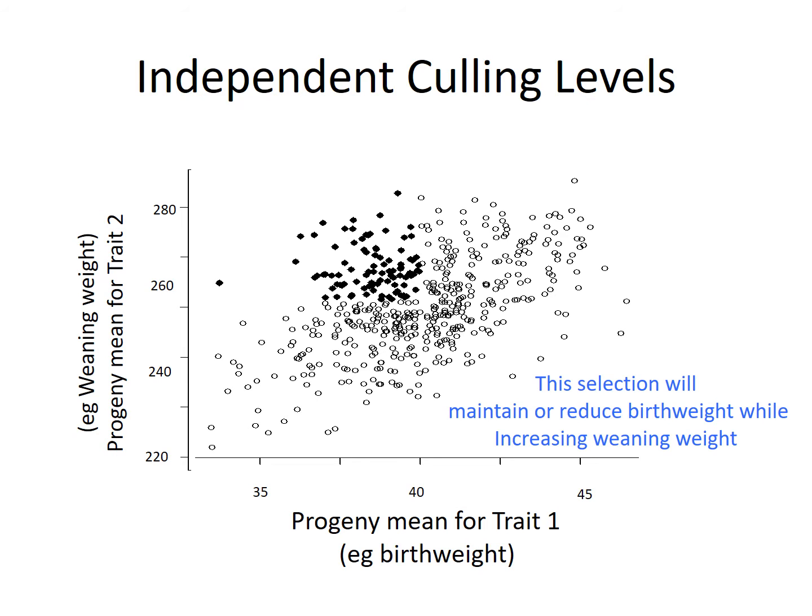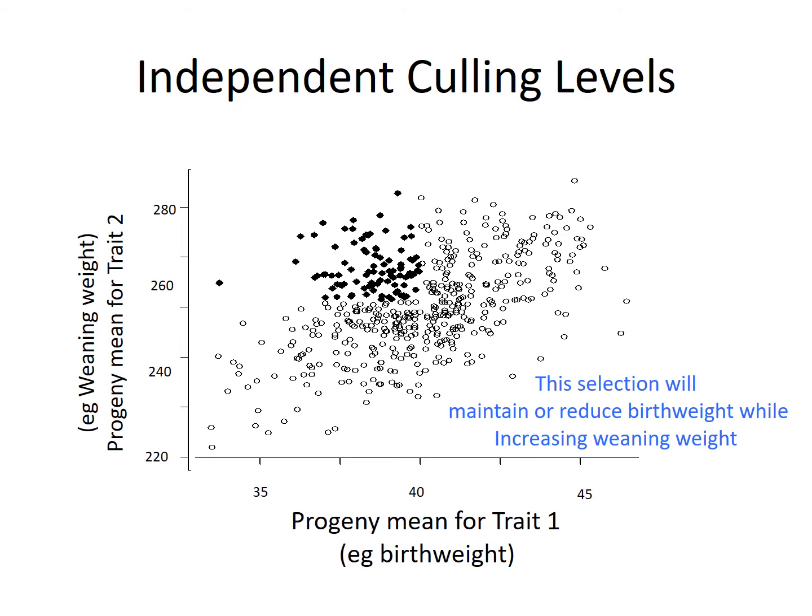So the black spots represent the bulls that have progeny birth weights below 40 kilos and progeny weaning weights above 250 kilos, and those might represent the team of sires that would be used as parents of the next generation.